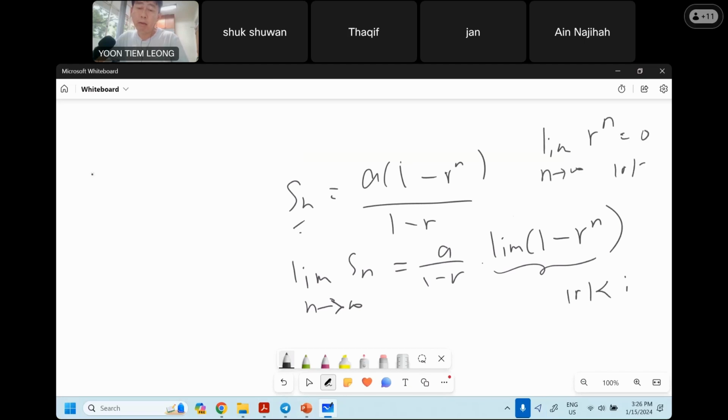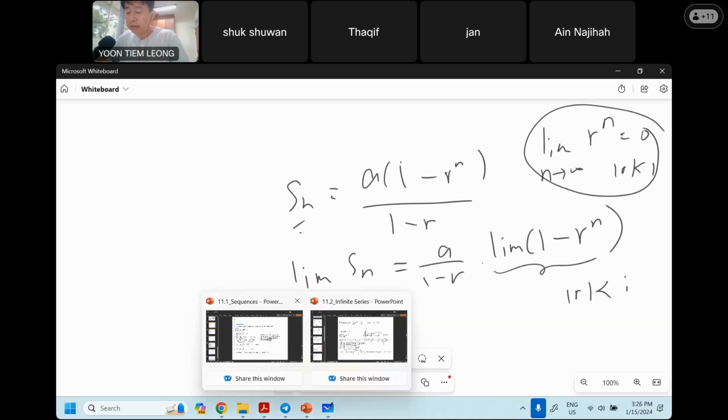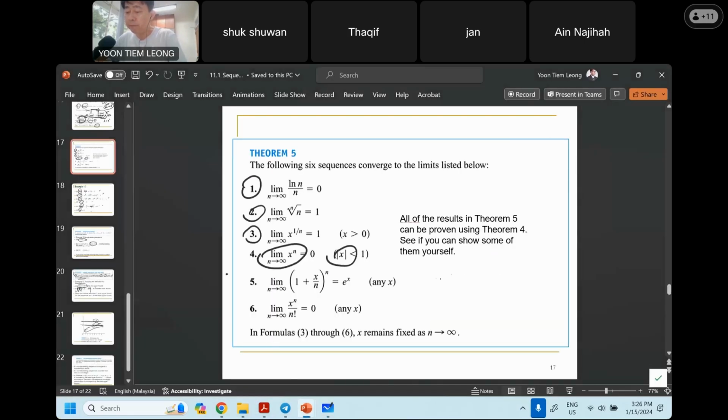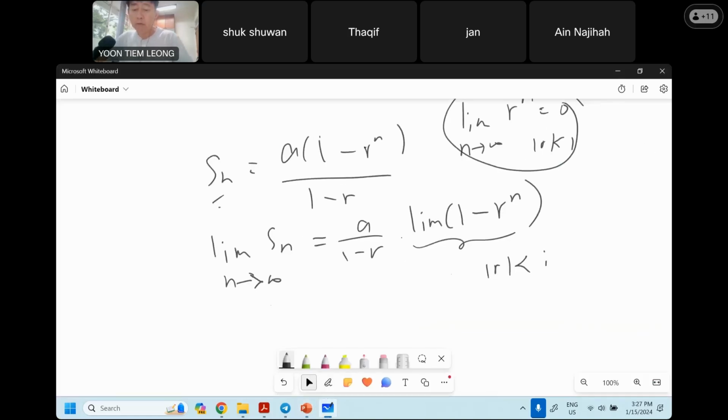So that is the result that is guaranteed by item 4 in theorem 5. So by making use of this theorem, we conclude that r^n will become 0 if the magnitude of r is less than 1.